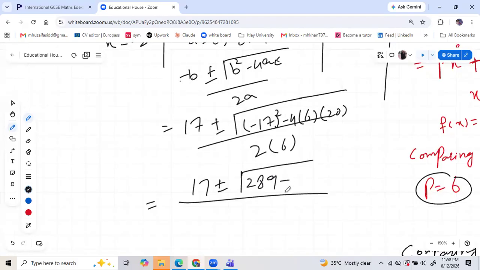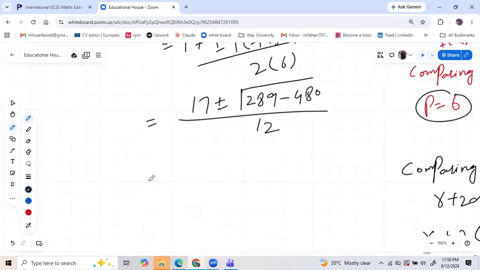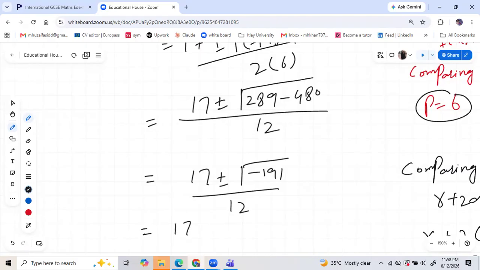I'm going to calculate. Minus 191. So this is your 17 plus minus minus 191 divided by 12.